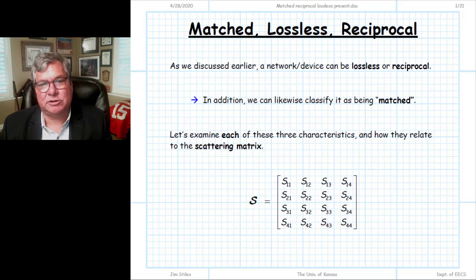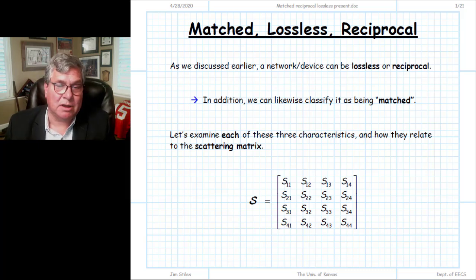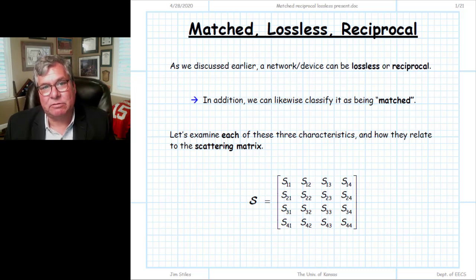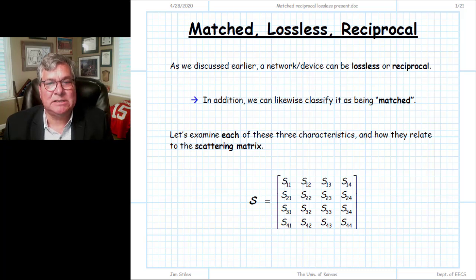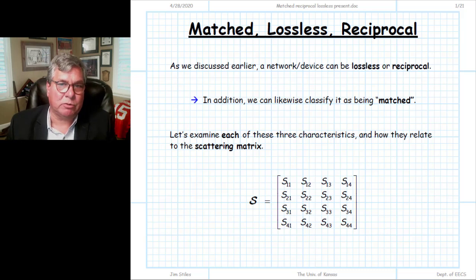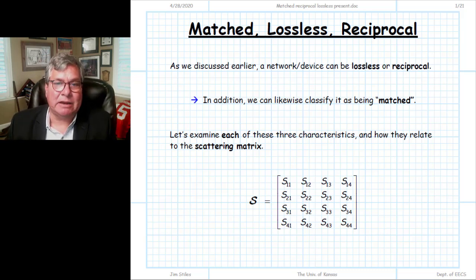One of the interesting features about studying the impedance matrix or the admittance matrix was that we could look at the matrix and discern certain physical attributes about the network without knowing anything other than the impedance or admittance matrix itself. For example, if we looked at the impedance matrix and found that every single element was purely imaginary, the real part of every transimpedance parameter equal to 0, then we conclude that that device must be a lossless device.